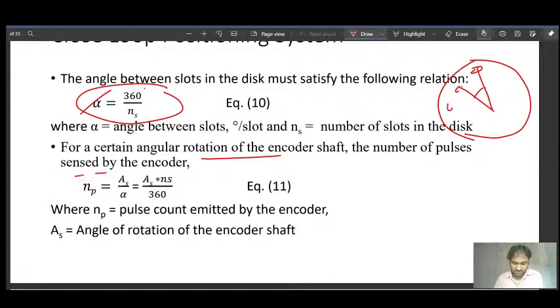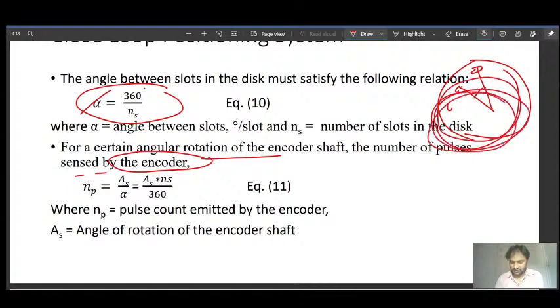And for a certain angular rotation of the encoder shaft, the number of pulses is sensed by the encoder. Suppose the optical encoder disk is rotating, so obviously as we have mounted it on a lead screw, the lead screw will rotate.